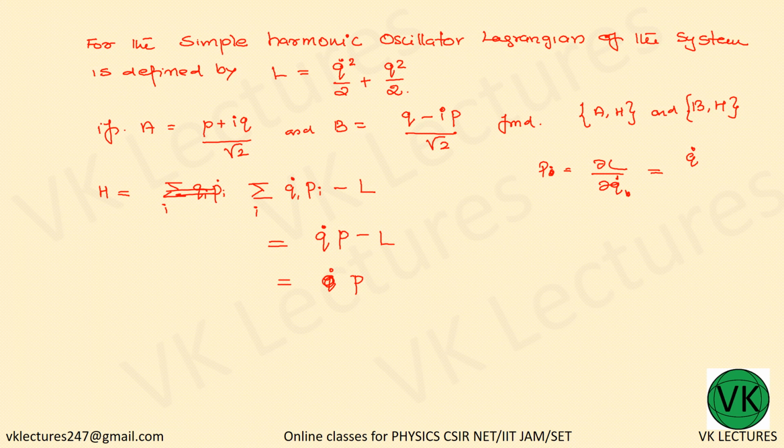L is q dot squared by 2 minus q squared by 2, and q dot squared is nothing but p squared, so that means p squared by 2 minus q squared by 2.